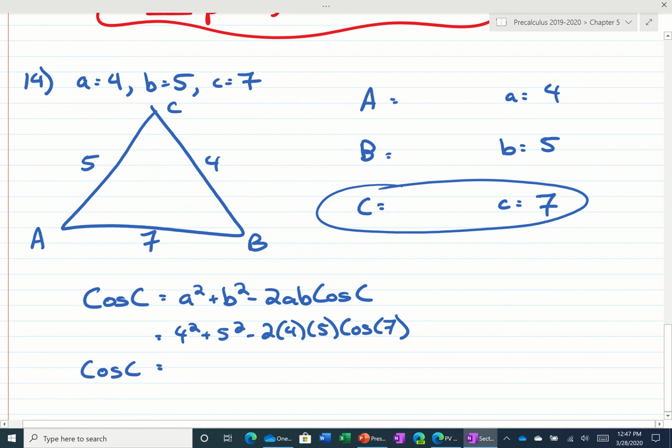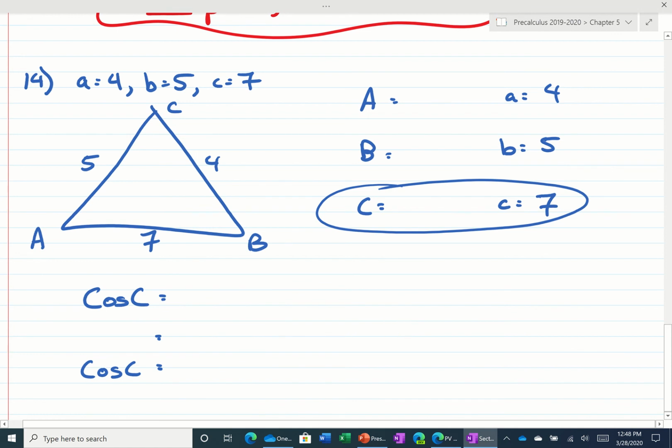Oh, actually, that's the wrong formula. We're looking for angle C. And the formula... Sorry, guys.